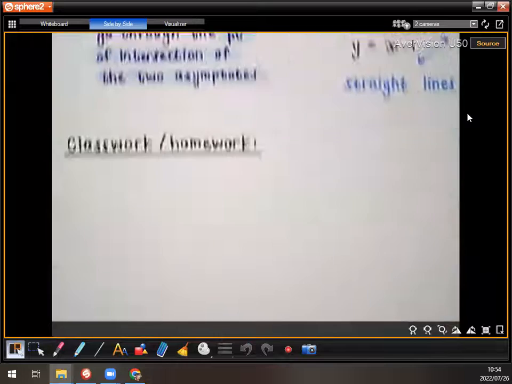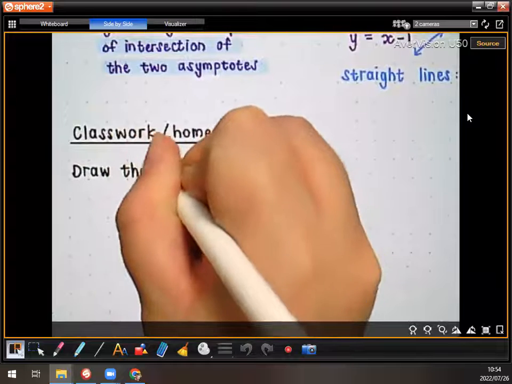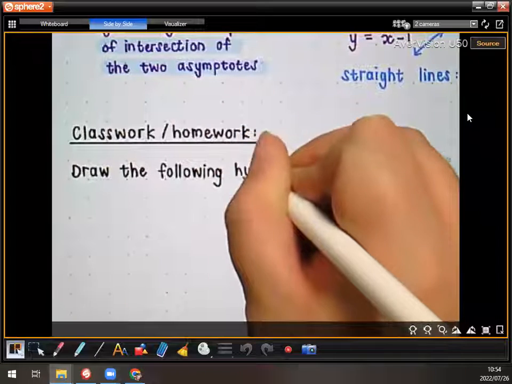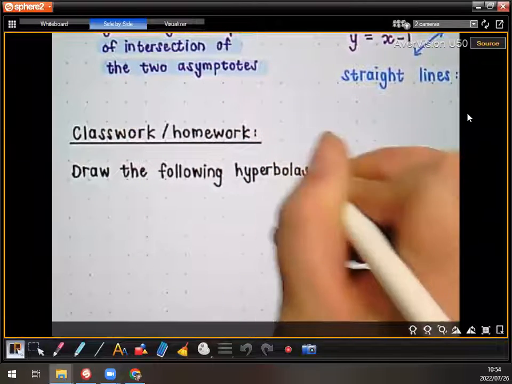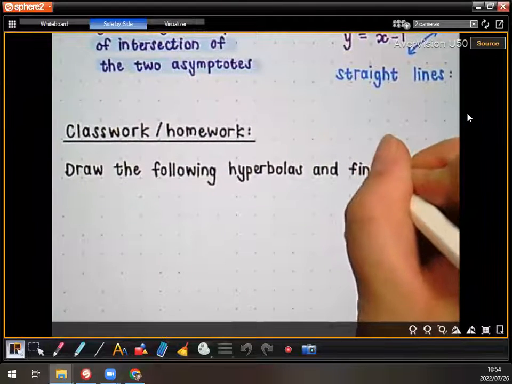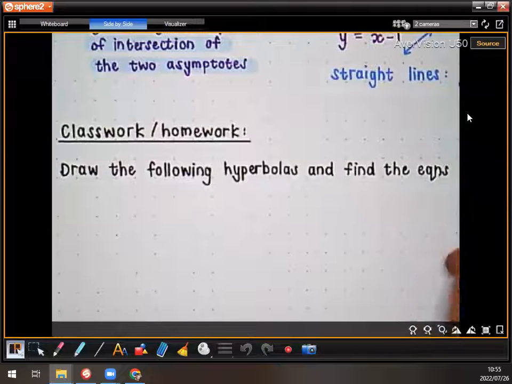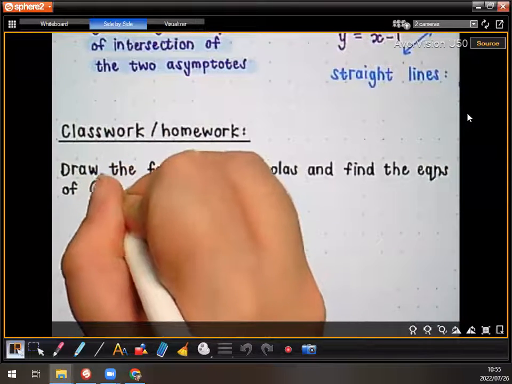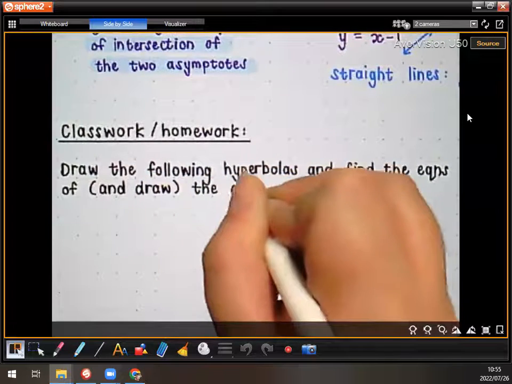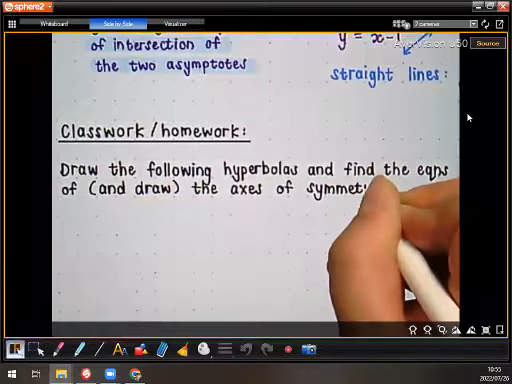Yes, I'm going to write here: all the following hyperbolas, the equations are given. Draw the axis of symmetry.